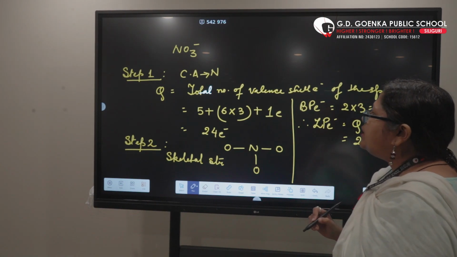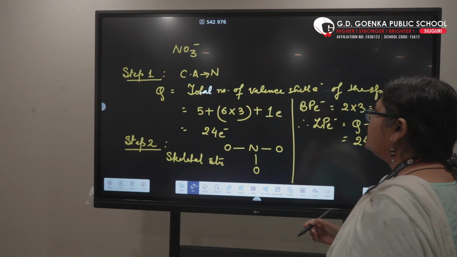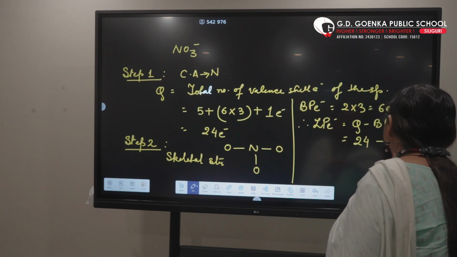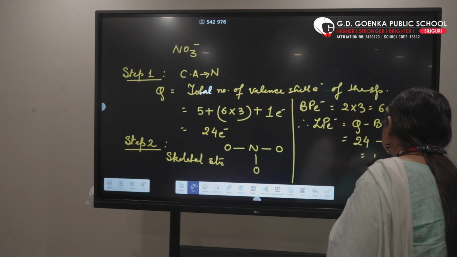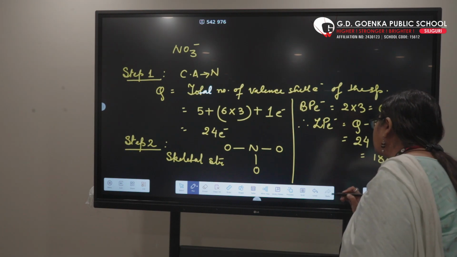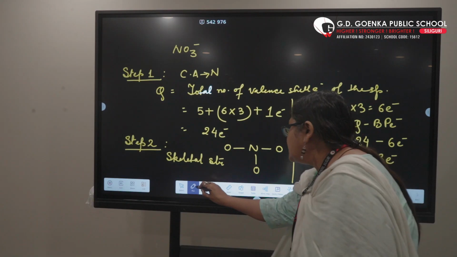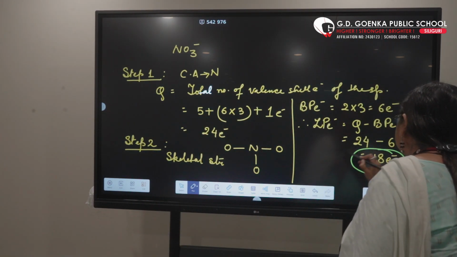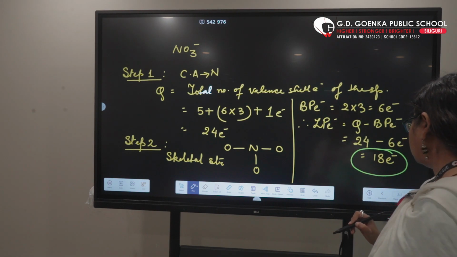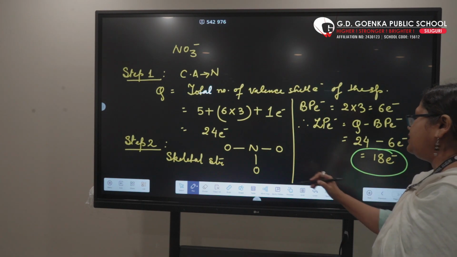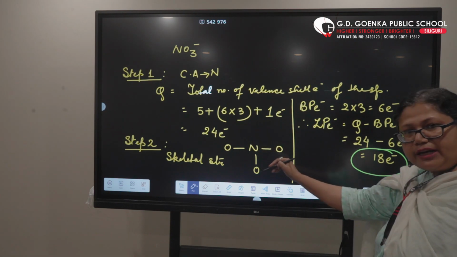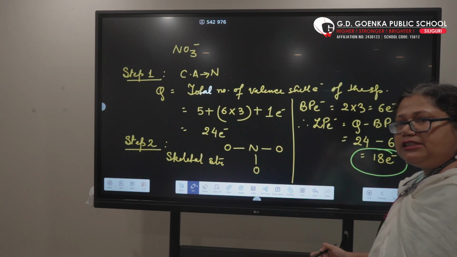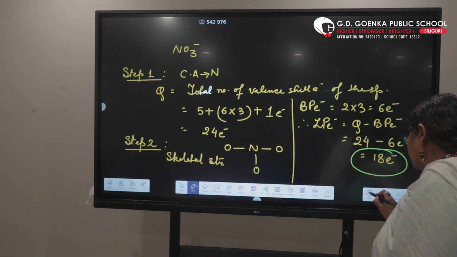We have already calculated it in the first step, 18 plus 5, 23, plus 1, 24. So minus 6, yes, 18 electrons. Now these 18 electrons we have to use in completing the octet. So how do we complete the octet? First the corner atoms, and then the remaining ones go for completing the octet of the central atom. So we'll see.